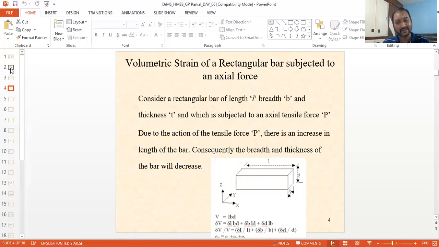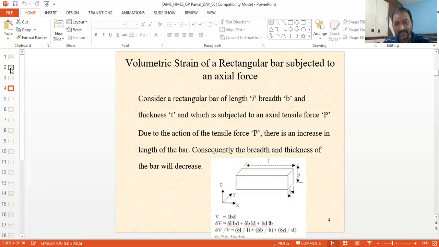With the final length, final width, and final thickness, we can find out the final volume. So some change of volume will occur. We got the initial volume and also the final volume.